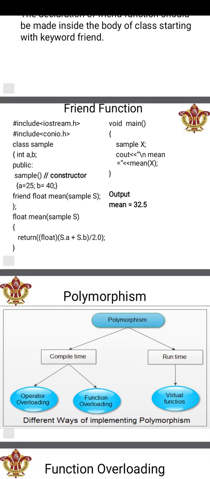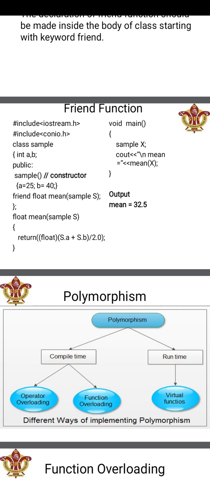Next, we have defined one function, mean. Its return type is float, and we are passing one argument, which is an object of type sample. So the same class in which we are defining this friend function, we are passing that class object as an argument inside this mean function.